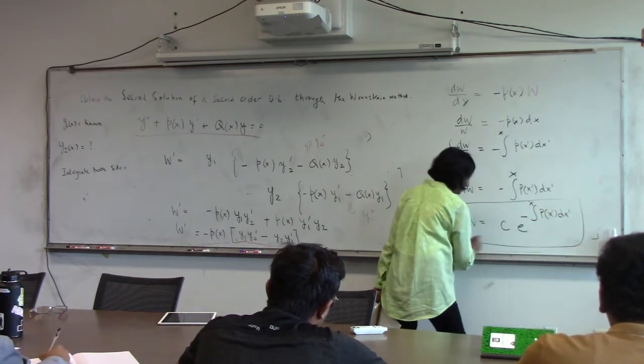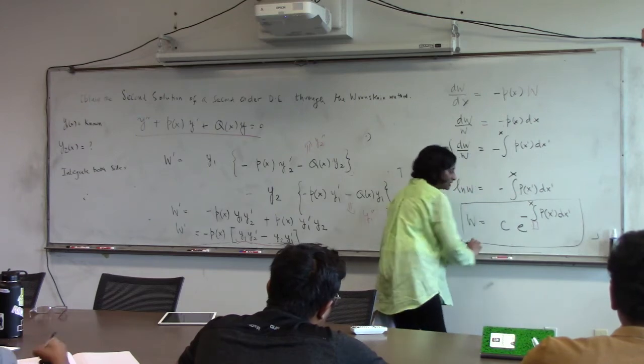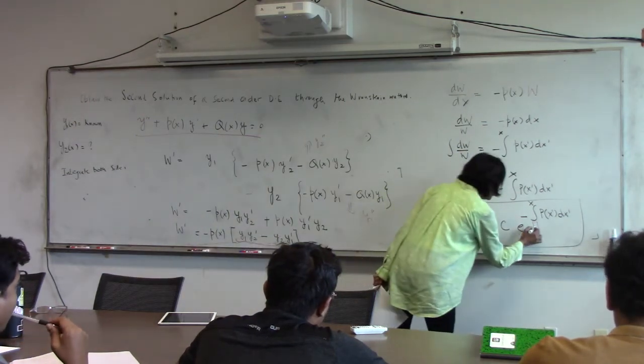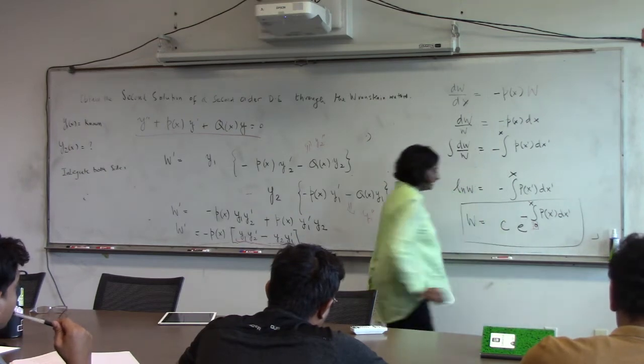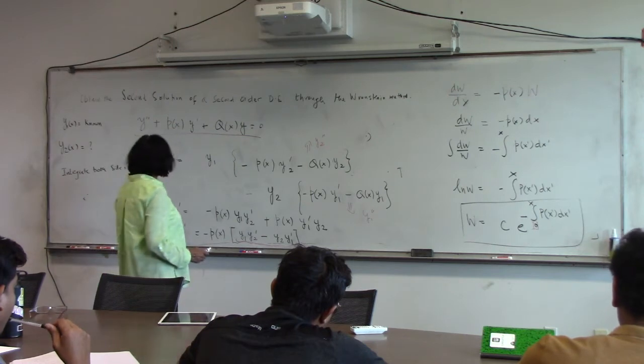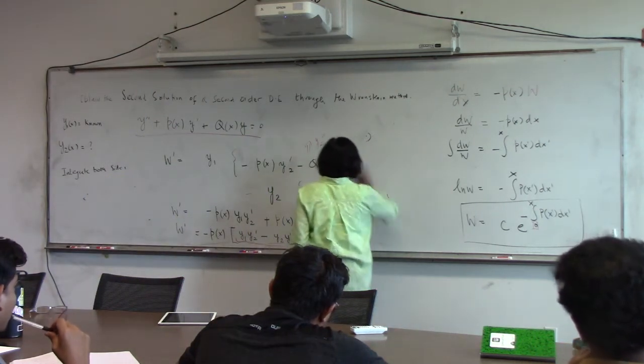You can choose whatever constant you want, but generally we put 0. Then you use 0, but you can put anything.